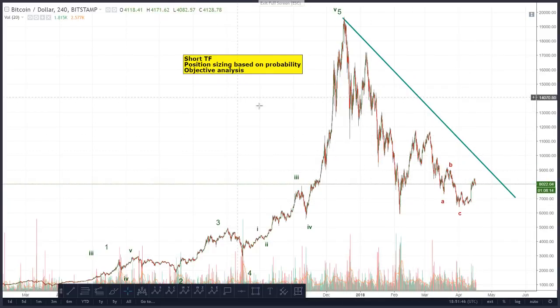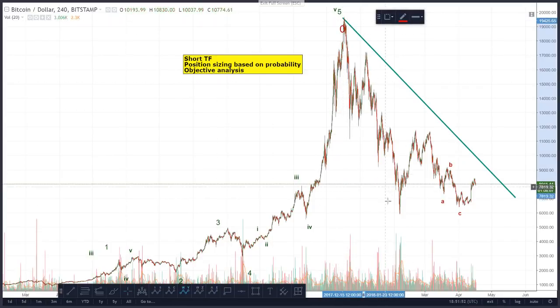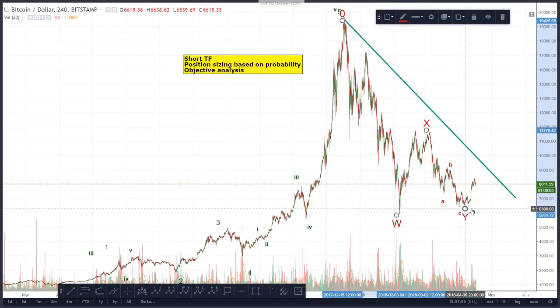First of all, as I've been discussing over recent weeks, we've been talking about this W, X, and then Y has fallen short of where I expected. I expected it to come down to 4,300 roughly. The reason is that 4,300 is a 78.6 retracement of the whole move up to $20,000.